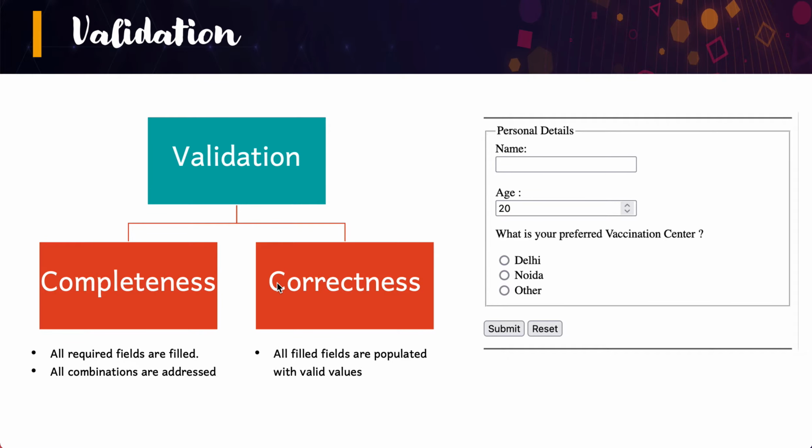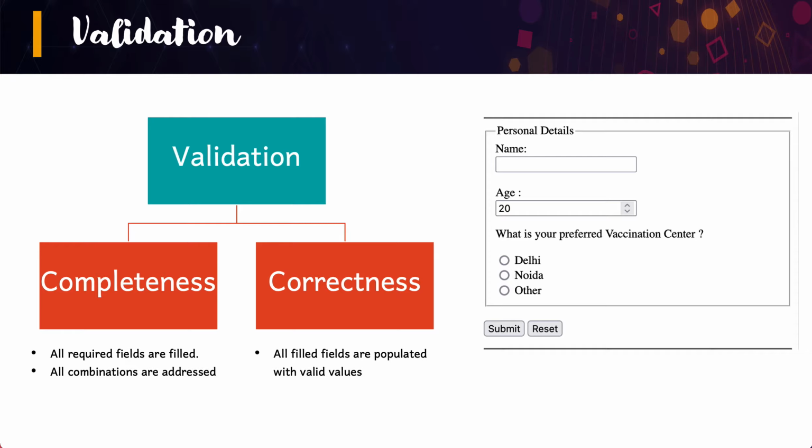The validation has two parts. One is validating for completeness, and the second is validating for correctness. What is completeness? Completeness is that there is a set of fields which are required, and some which are optional. So completeness makes sure that all required fields are filled and all permutations and combinations of the applicability are addressed.